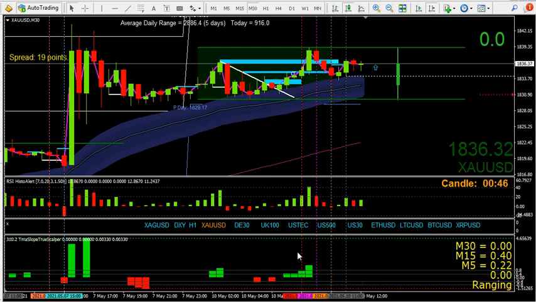Now this thing is my go-to secret weapon at the moment, because when that changes from black to green, look what happens. Black to green, boom. Black to green, boom. Not so much here, but that's an exceptional circumstance. Don't know what went on there, but that was NFP, I should imagine, on Friday.